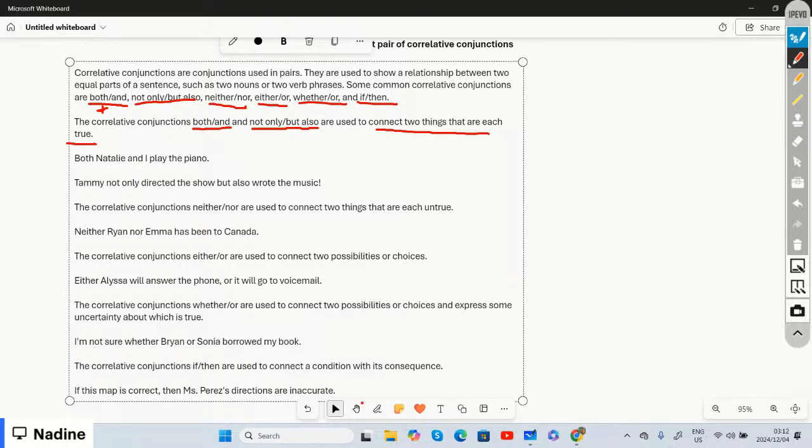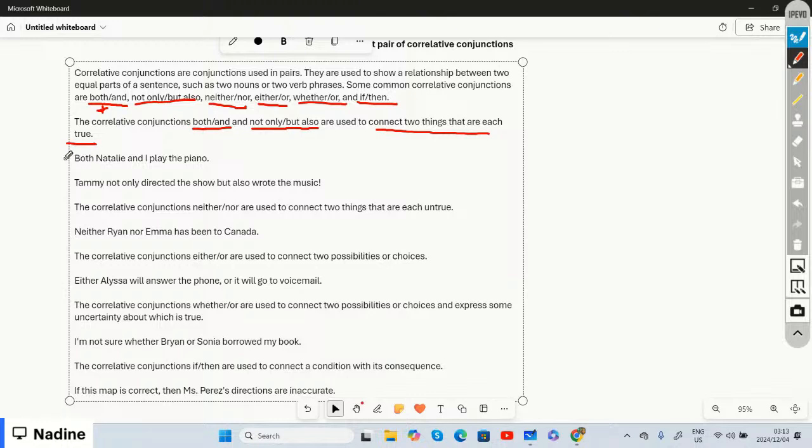So we said that both and, as well as not only but also, are used to connect two things that are seen as each being true.